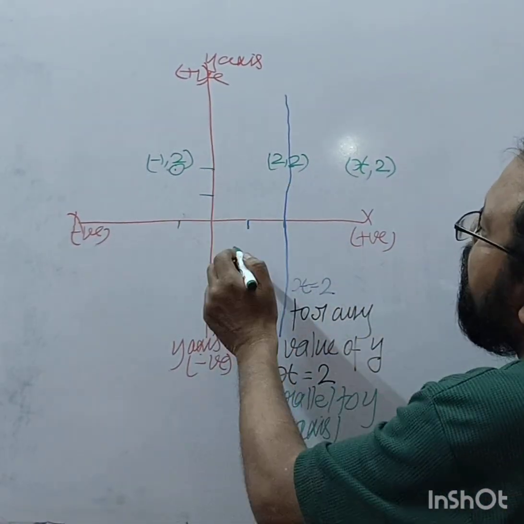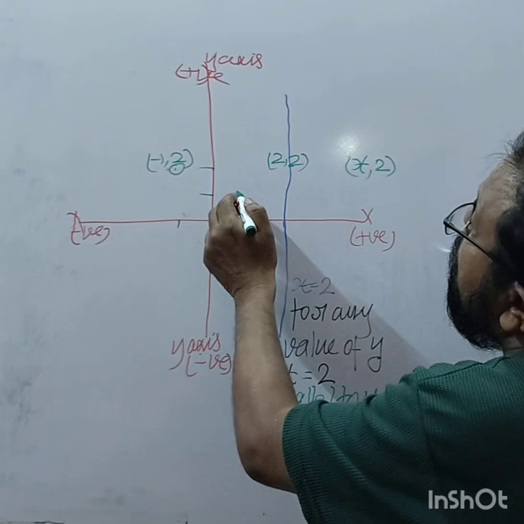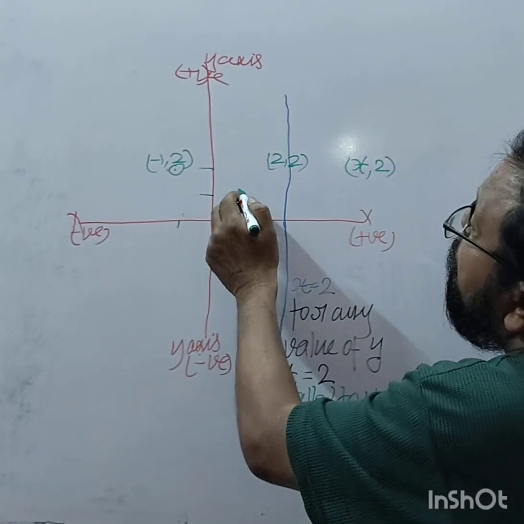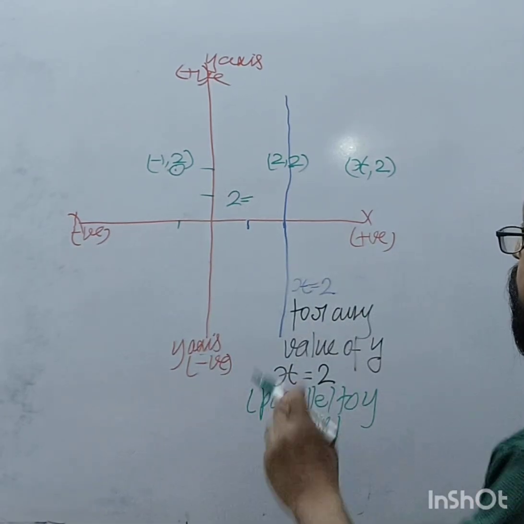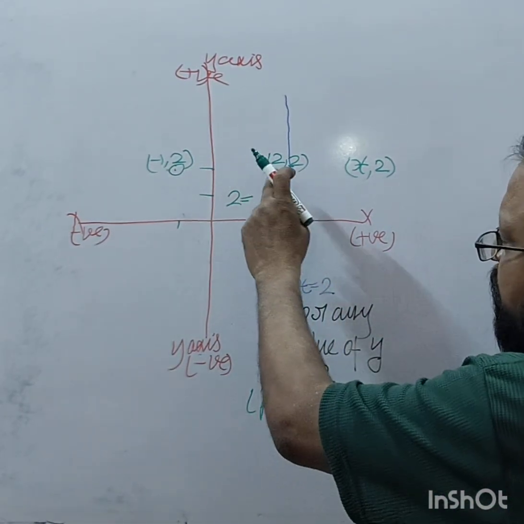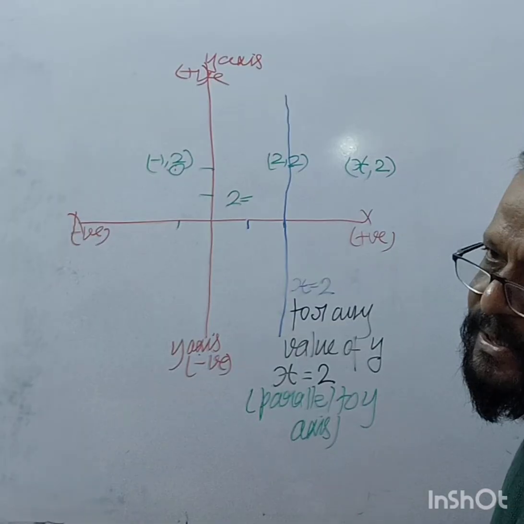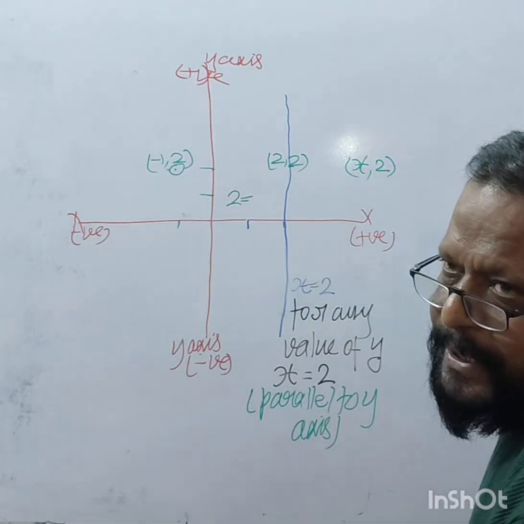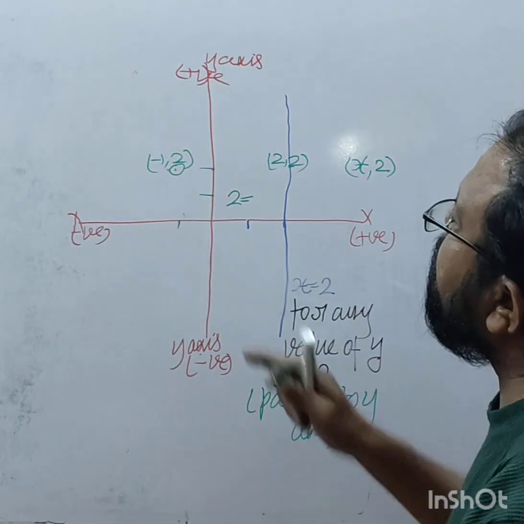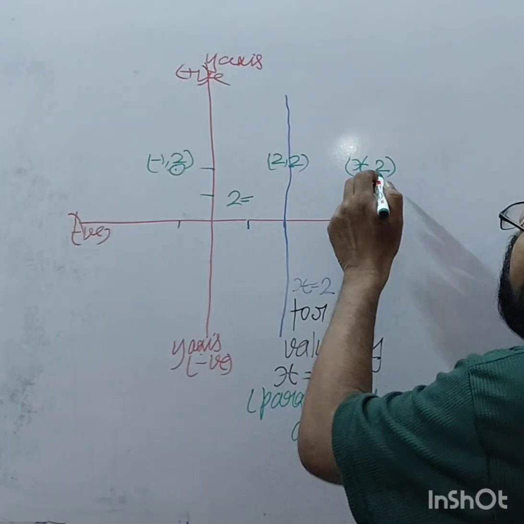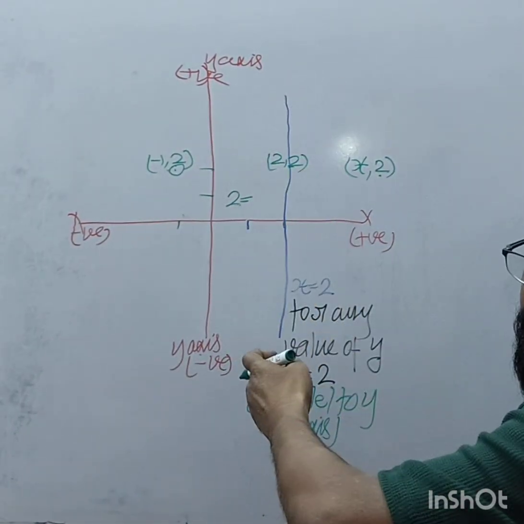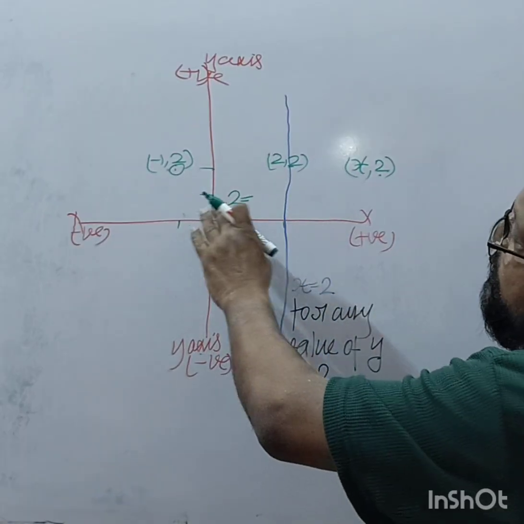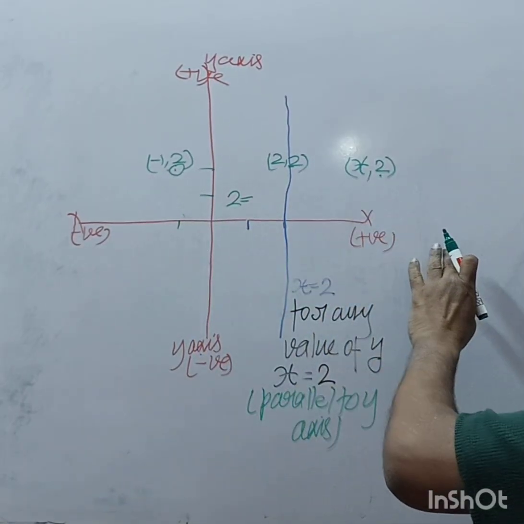So how do you get that? 2 is equal to 2 is equal, and they are at equal distance, right? This is object, this is image. So with a reflecting surface, distance of object is equal to distance of image.